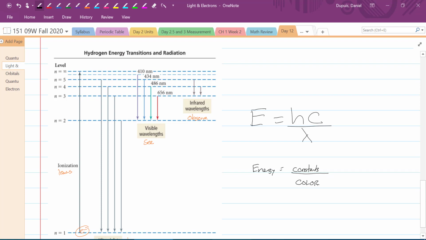So all these colors have different energies. Each of those wavelengths has a different energy. Because remember, c equals lambda nu, and E equals h nu. So we know that each of these colors, wavelengths, has a frequency, and each frequency has an energy. That's where we get this equation from.